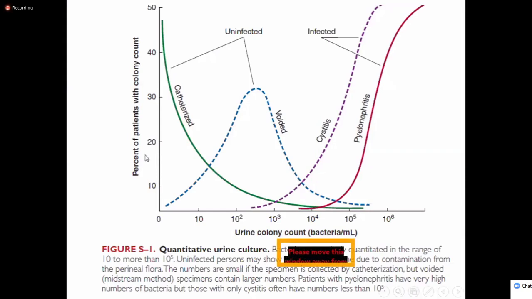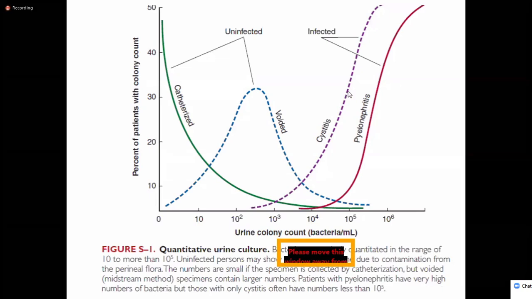This is the last slide, and it's a graph here. When you collect urine by catheter or by void, usually if the patient is normal, uninfected, the microorganisms are usually between 10 power 2 to 10 power 3, meaning between 100 and 1000 per ml if not infected.